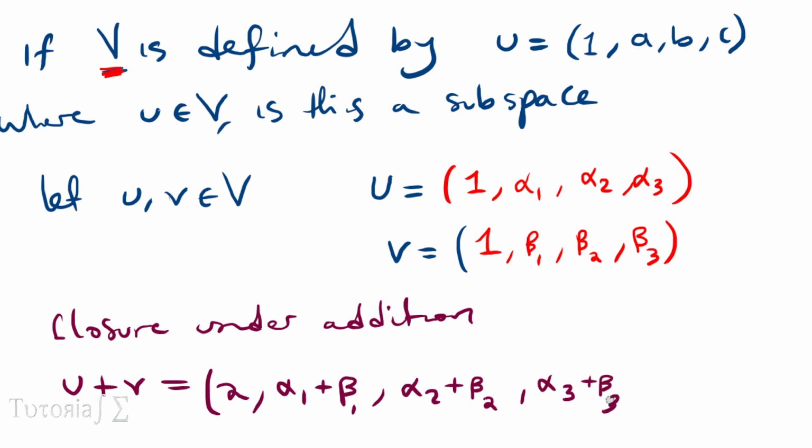Now I'm going to ask this question. Does it verify the definition on this last entry here? Since it's alpha 3 plus beta 3, it is a scalar. Yes, it verifies the entry. We are saying here there can be any other scalar, so when you add these two, it will be any other scalar and it verifies the entry there.